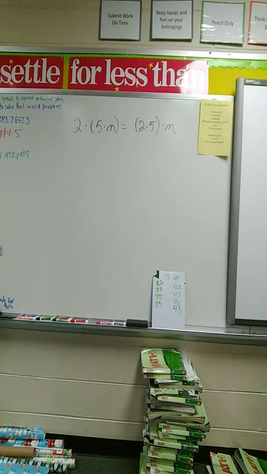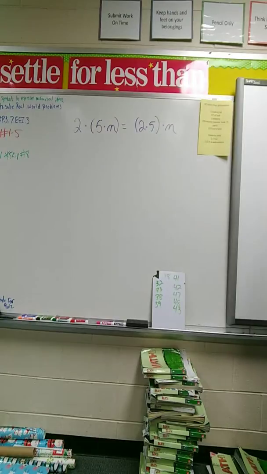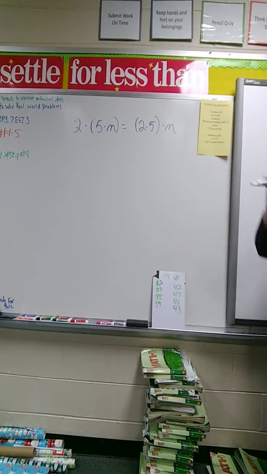What property does that represent? The associative. Why does that show us the associative property? Because it's grouped in two different ways. Right, it's showing the grouping, or it's showing what numbers are associated with each other.